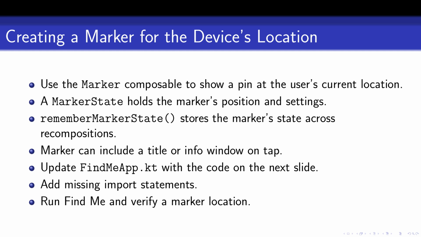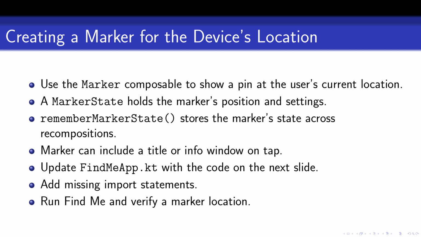Once you have animated the map to the user's location, it's often helpful to visually indicate the current position using a map marker. In Jetpack Compose, this is done with the Marker composable, which you place inside the Google Map block. The marker is controlled via marker state, which keeps track of the marker's position. You create this state using rememberMarkerState, so it persists across recompositions.